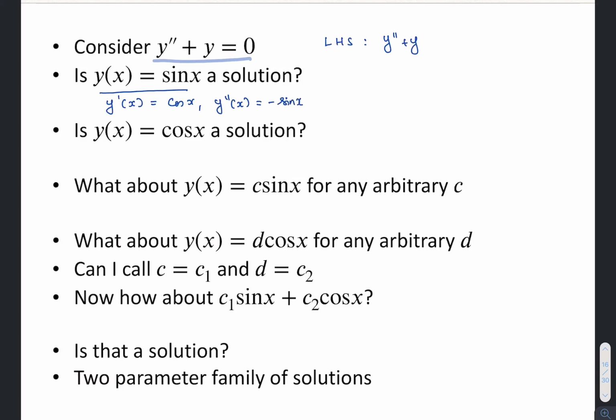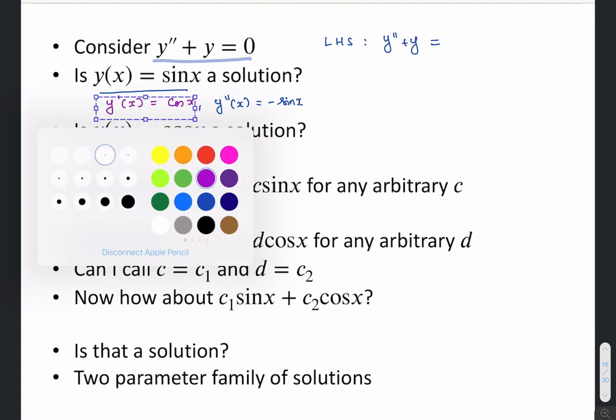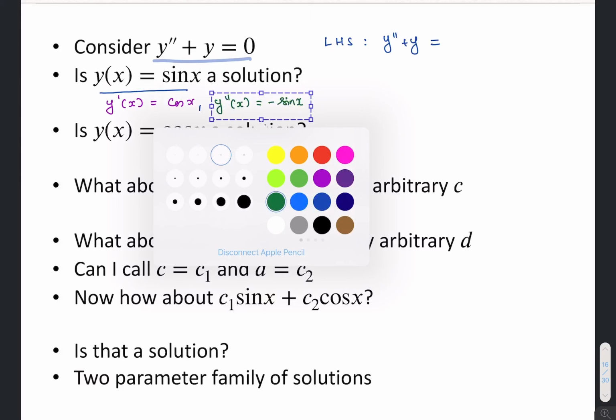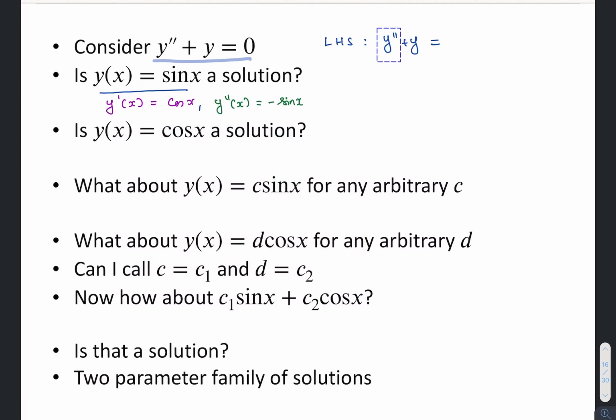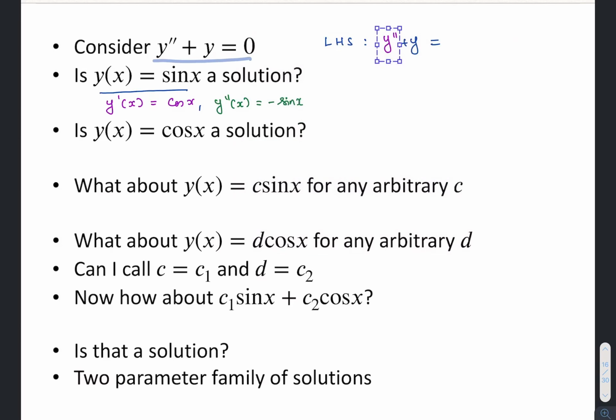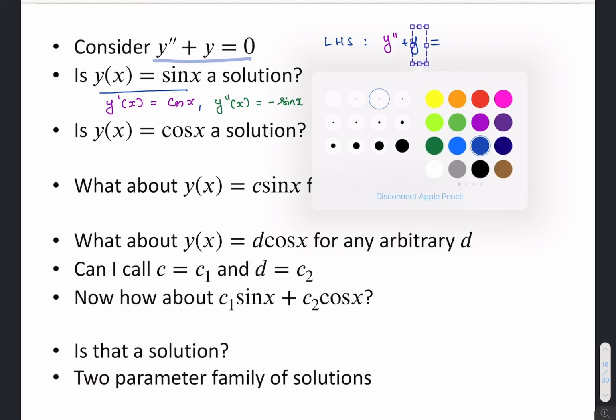So if I plug this information back in, let me change the color so you can see it better. I'll keep this one in blue, this one in purple, and this one in green.